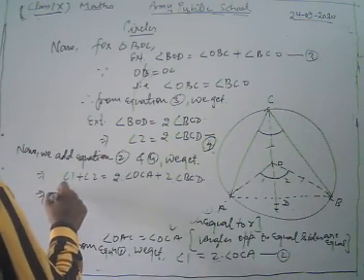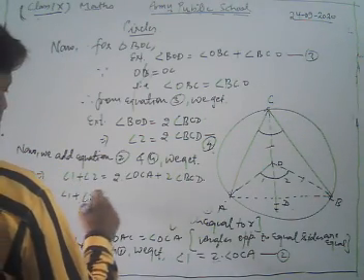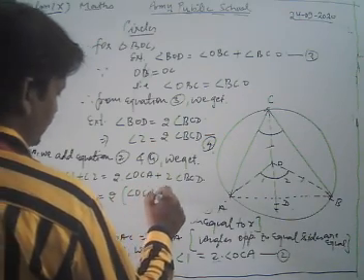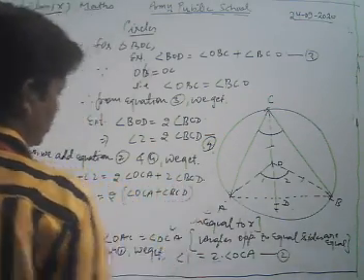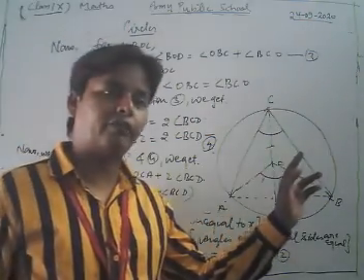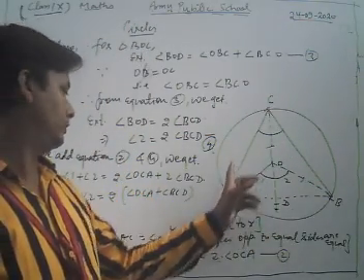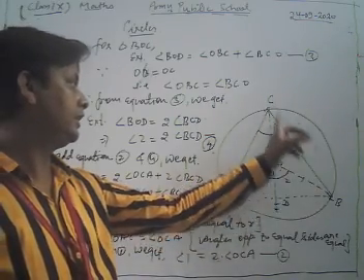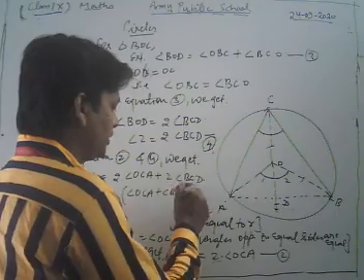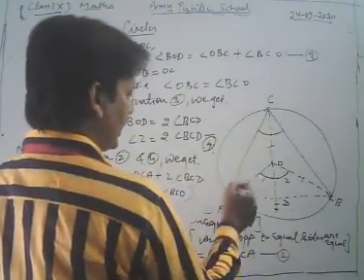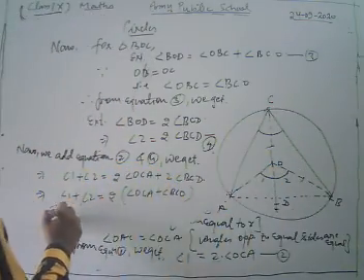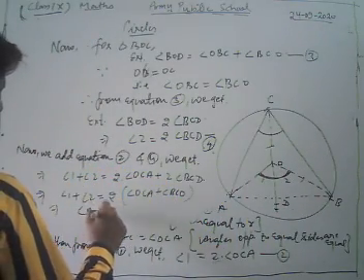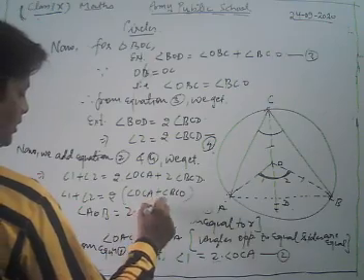Then angle 1 plus angle 2 is equal to 2, which is common, times angle OCA plus angle BCO. Now let's see again from the figure. Angle OCA plus angle BCO is equal to angle ACB, and angle 1 plus angle 2 is angle AOB. That is, angle AOB is equal to 2 times angle ACB.